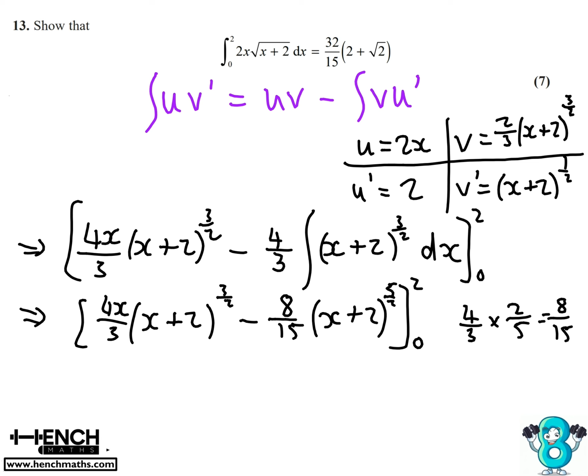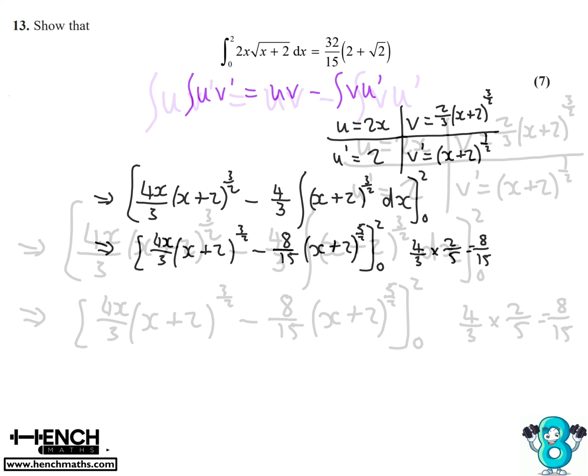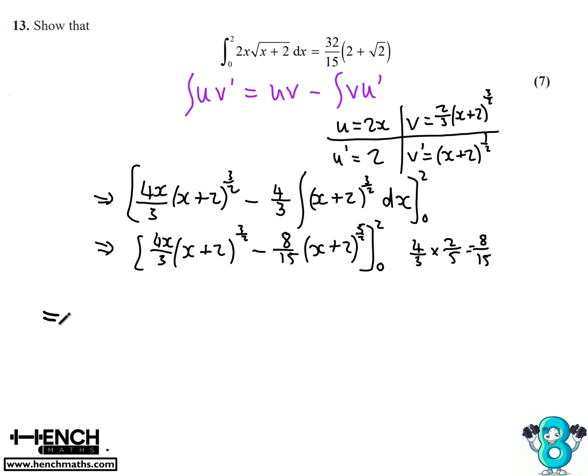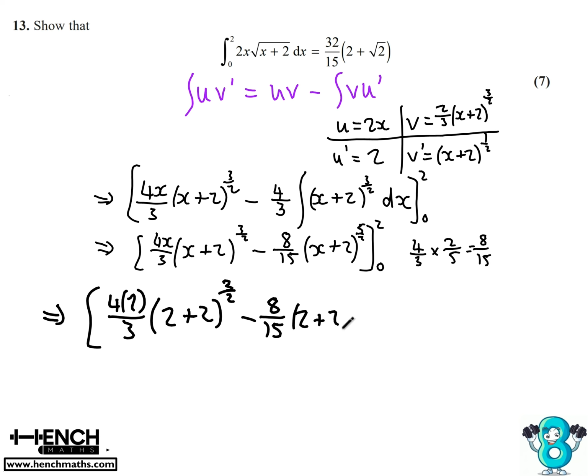So now we just need to put our limits in there. So first of all, let's sub in 2. So we're going to get 4 times 2 over 3, and then we're going to have (2 plus 2) to the power of 3 over 2, subtract 8 over 15, (2 plus 2) to the power of 5 over 2.